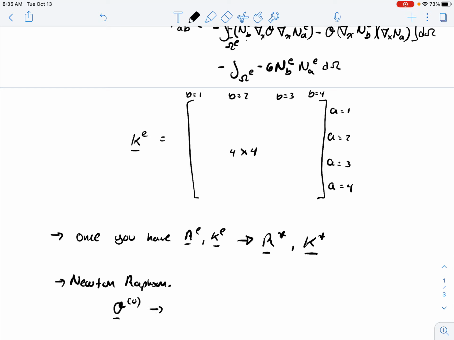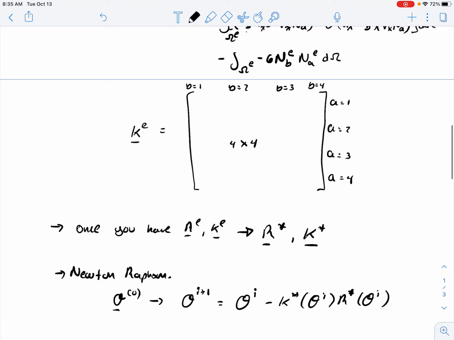Initial guess for theta, and then your next iteration is going to be your previous iteration minus K star at the previous iteration times the residual, which may depend on the value, right?